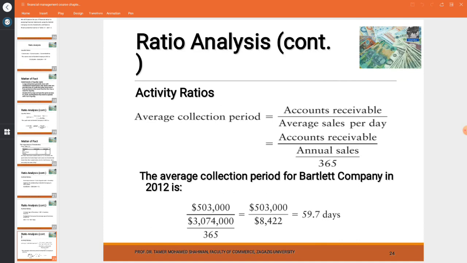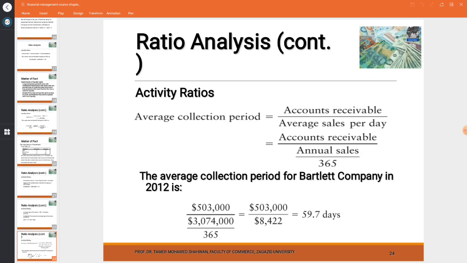Accounts receivable exists in your balance sheet. Annual sales exist in your income statement. To determine the average sales per day, you divide annual sales by the number of days per year, which is 365.